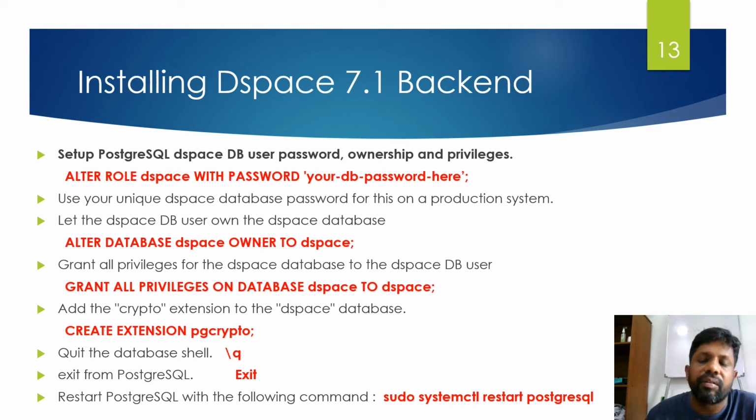Write it down somewhere, because this will be used for future installation also. You can give permission to the DSpace owner, and you also need to install the pgcrypto extension. Then you can close it and restart PostgreSQL. These are the major things for PostgreSQL, and you only have to follow this method.